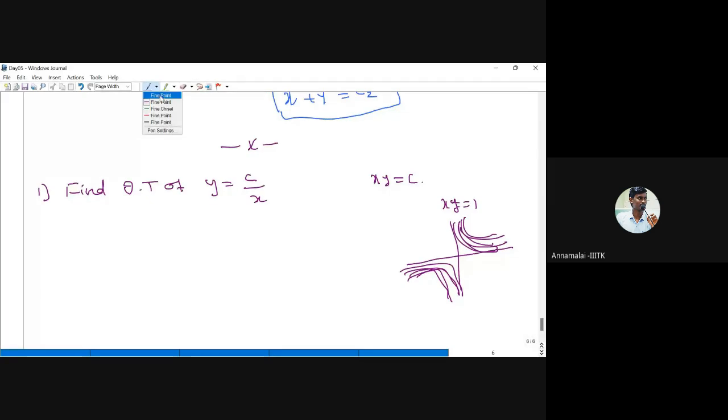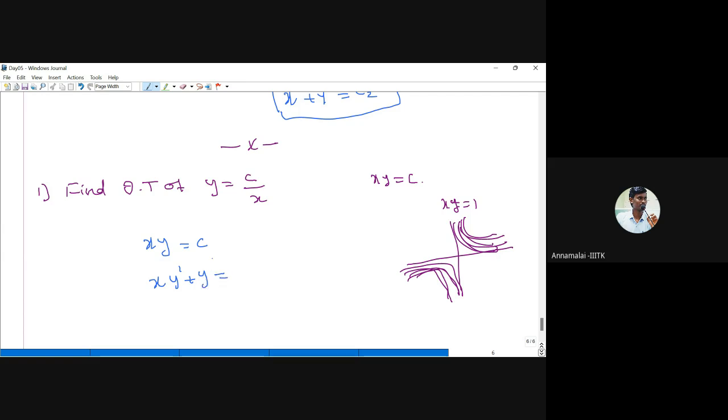So what we have to do, we have to differentiate the given curve. The given curve is xy equal to c, after cross multiplying by x. Differentiate both sides. But here it is a product of two functions, so you fix x, differentiate y, we get y dash, plus fix y, differentiate x, we get 1.